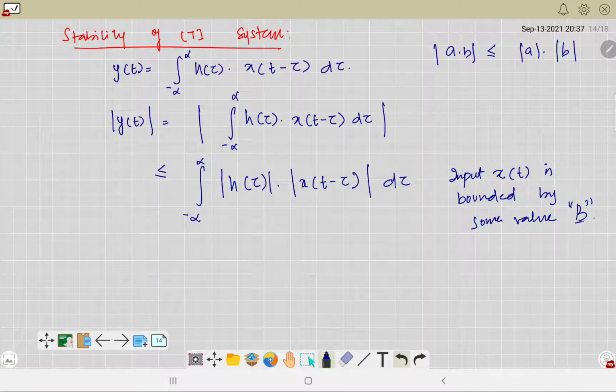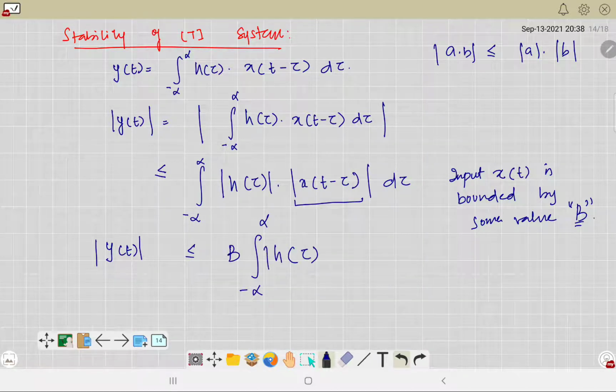So by some value b, it has some finite value b. So your equation, y of t, will be less than or equal to, this is bounded, so let's suppose it has a value of b, that will be a constant outside the integral, of h of tau d tau.